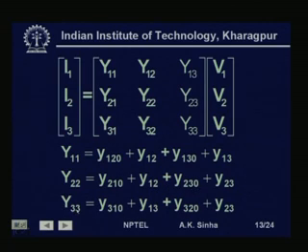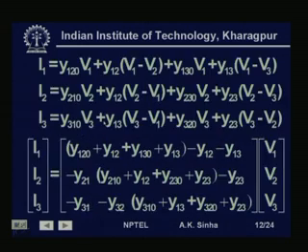Similarly, diagonal element Y33 is equal to Y310 plus Y13 plus Y320 plus Y23. This is what we get from the matrix that we had seen here. So, we are replacing this element by Y11, this element by capital Y12, this element by capital Y13.